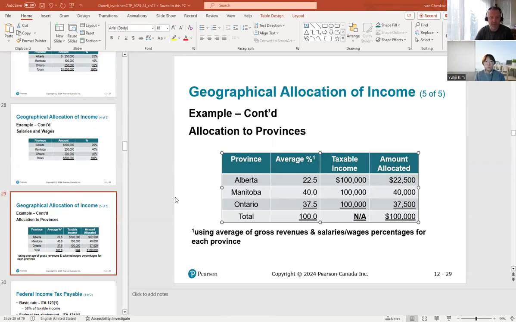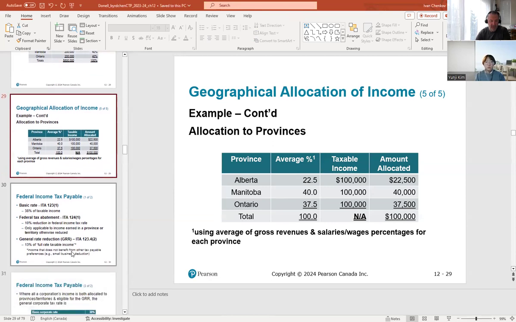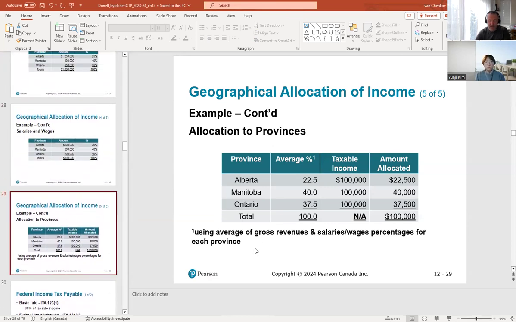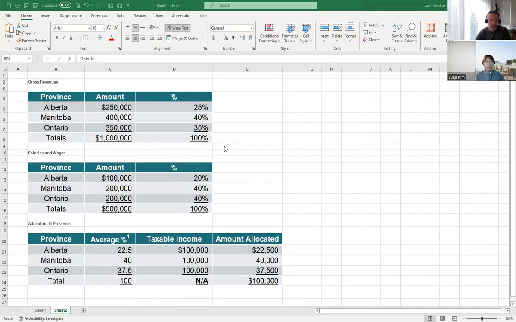The whole point is to come up with the amount allocated, because in different provinces you're going to pay different percentages. Let me share it. That's how it's going to look.